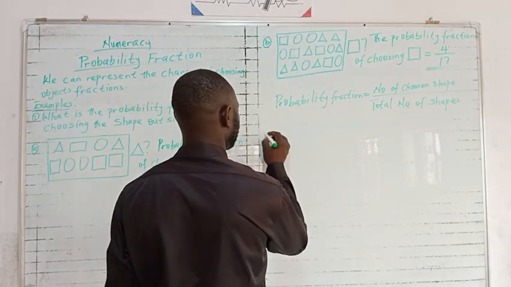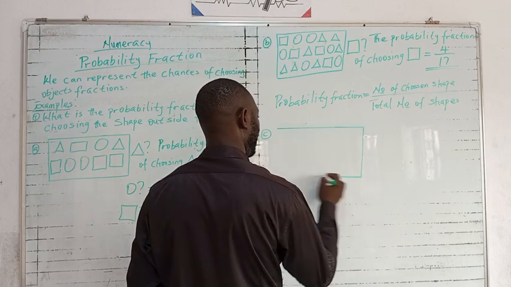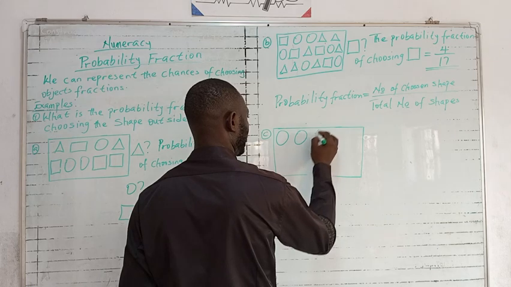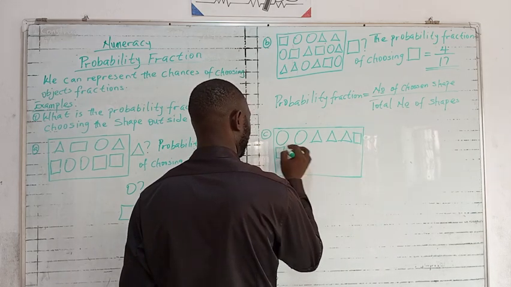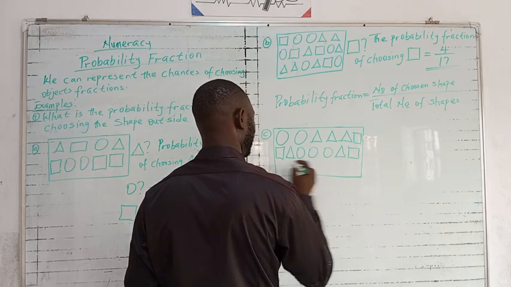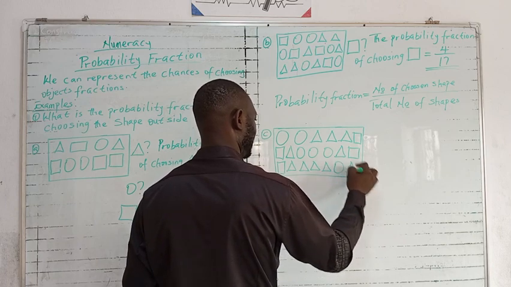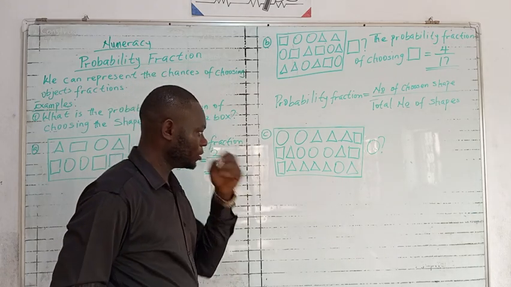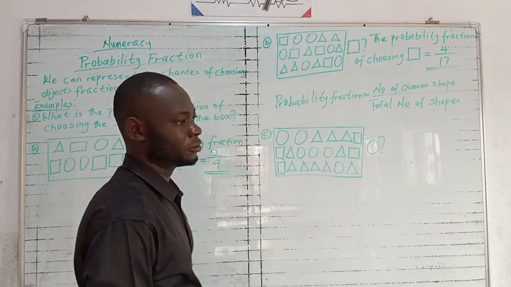All right, let's look at one more example. Now we have a box of shapes, and the question says that we should find the probability fraction of choosing a circle from this box of shapes.